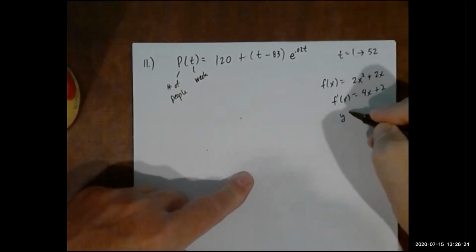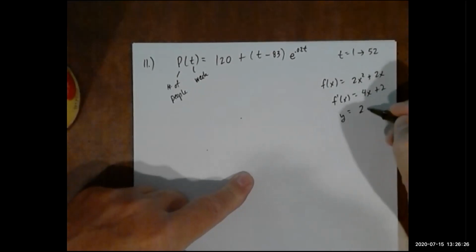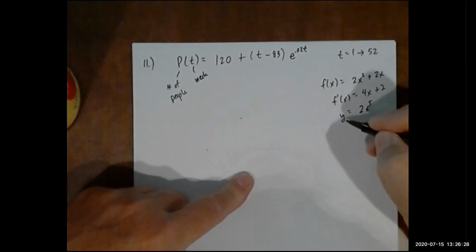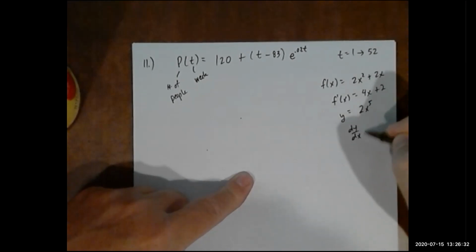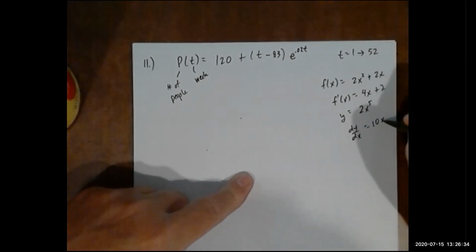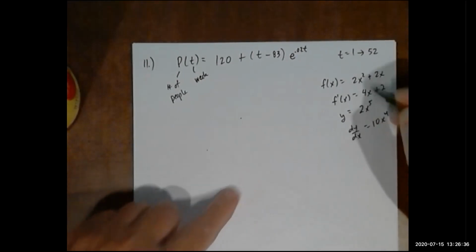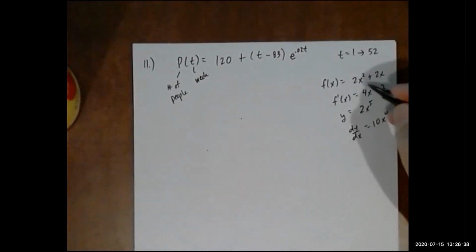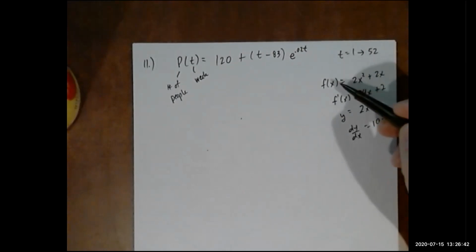Or sometimes we had y equals 2x to the 5th, and the first derivative is dy dx. So the problem is we become familiar with this notation, but then when you get to these story problems, the variables change.